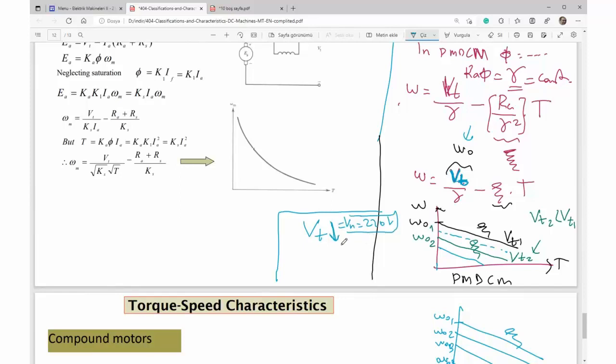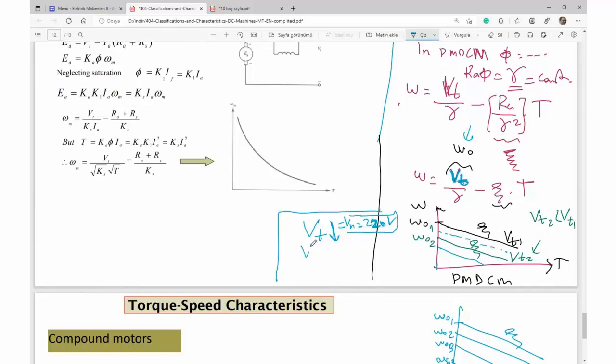It is not permitted to increase voltage. Perhaps there will be insulation failure. So we generally use such a method for speed adjustment below rated speed.